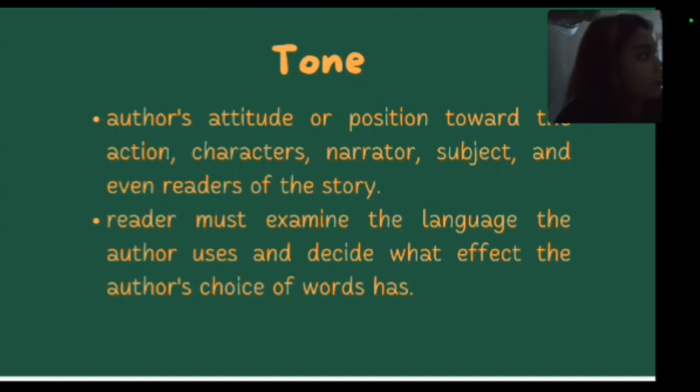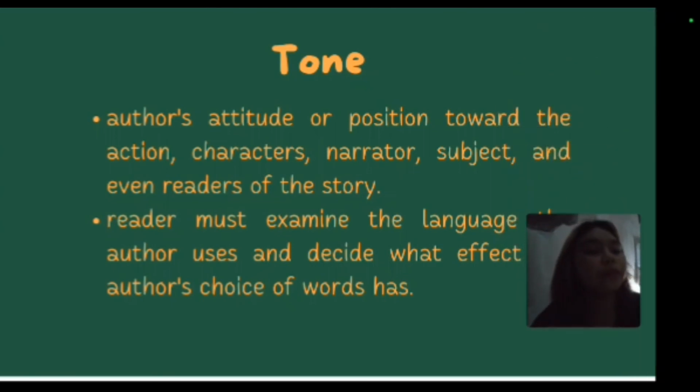We have to be vigilant of the wordings the author uses in a specific literary work, because occasionally those reflect what the author feels while writing this story.